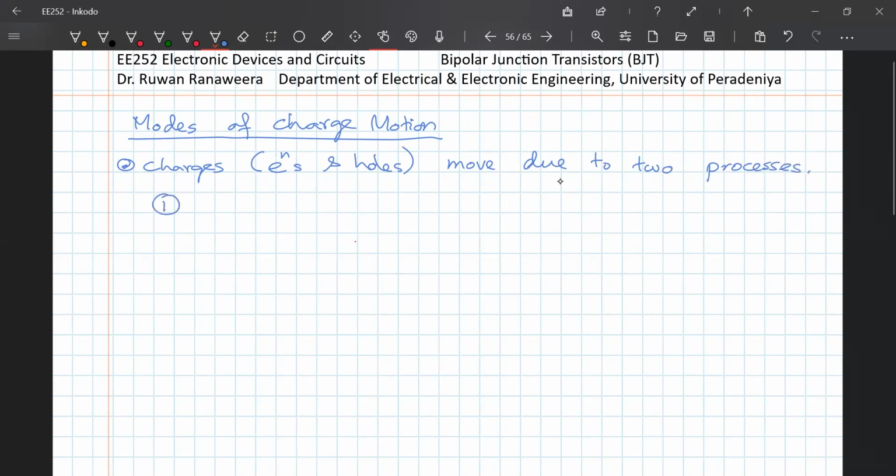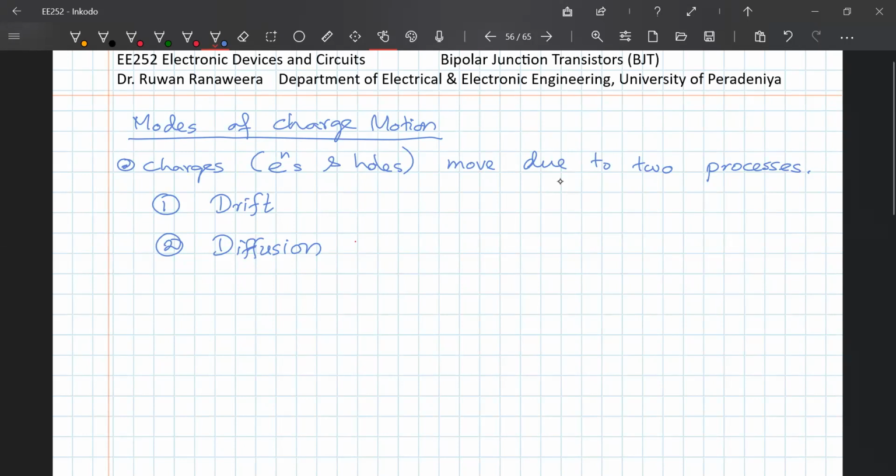One is called the drift. The second one is called the diffusion. So what is drift and what is diffusion? If you look at the names, you kind of have an idea.